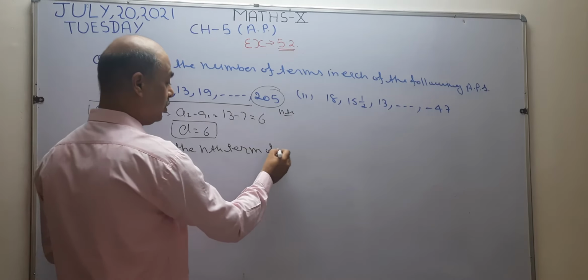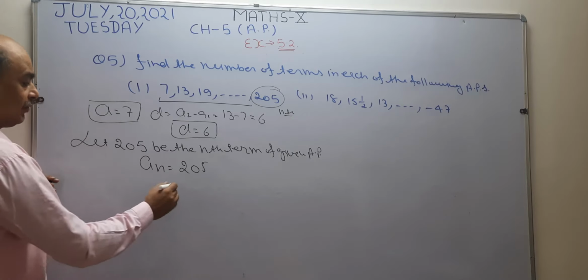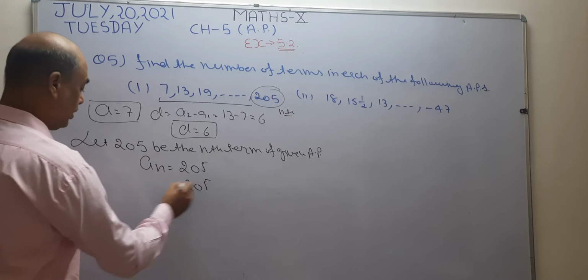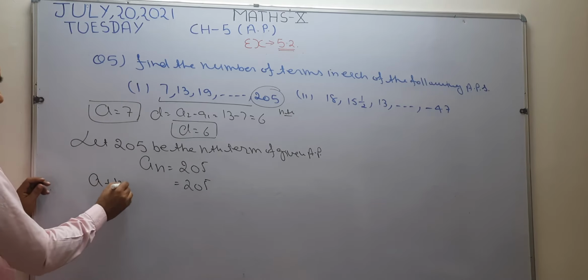If it is the nth term of the AP, it is going to be equal to A_n. A_n means the nth term of the AP. To find the value of A_n, the formula is A plus (n minus 1) into D. Clear? Now the value of A is given as 7 right here. (n minus 1), the value of D is also given as 6, which is equal to 205.